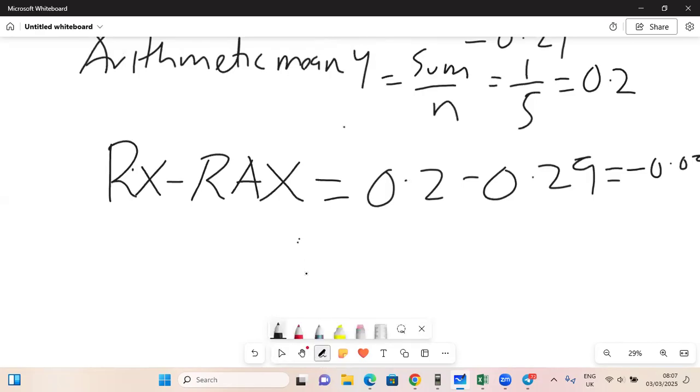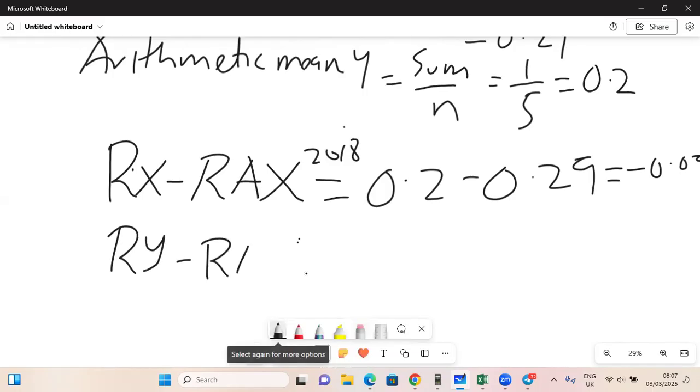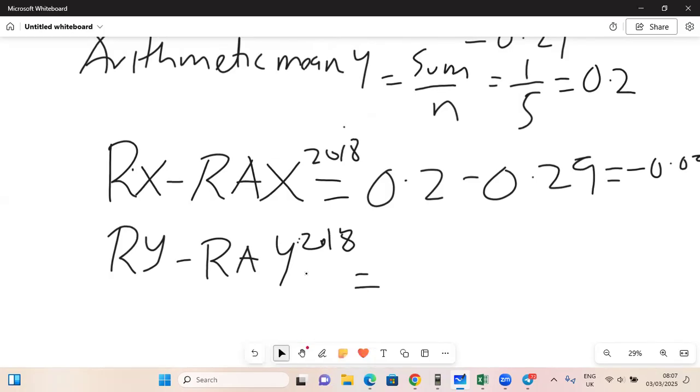Now if you also want to do it for Y, the same thing. So this is for 2018. R_Y, sorry, return of Y minus R_AY, the arithmetic return of Y in 2018, is the same thing as the first one we just did.